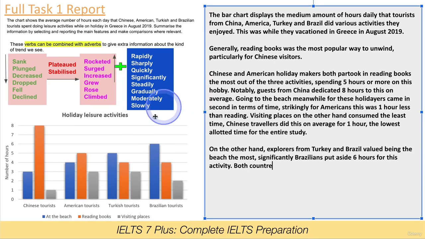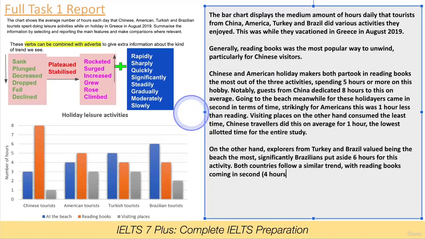Both countries follow a similar trend, with reading books coming in second, 4 hours for each nation's citizens.